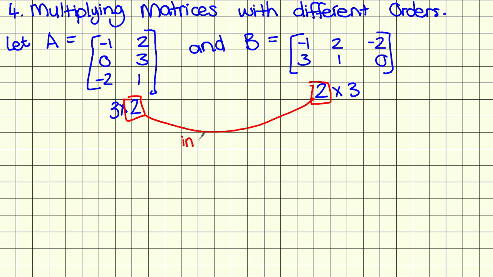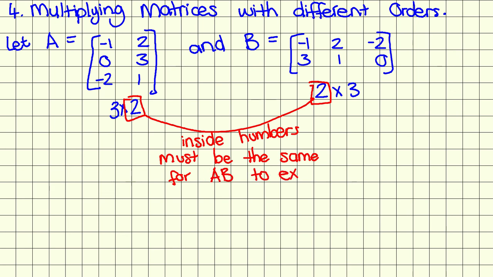Okay, so I'll just write inside here. So inside numbers must be the same for AB, that's just your multiple, A times B, to exist. Okay, so we've got them the same now, so that's good.